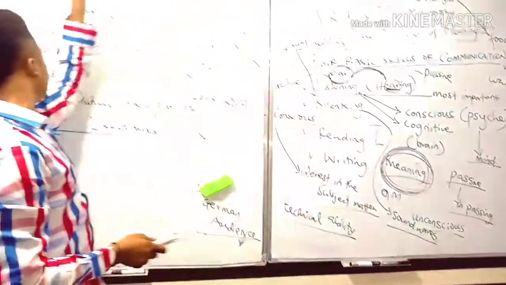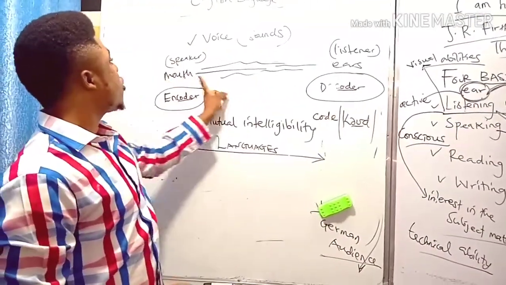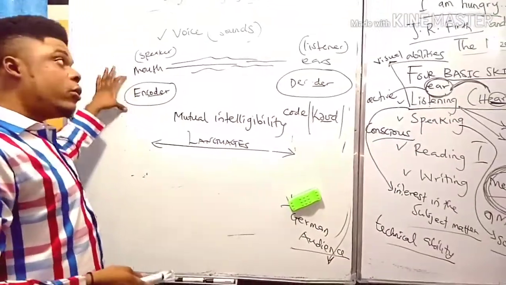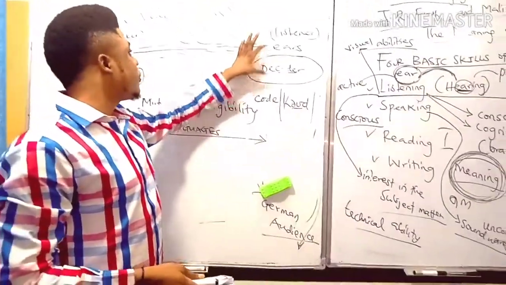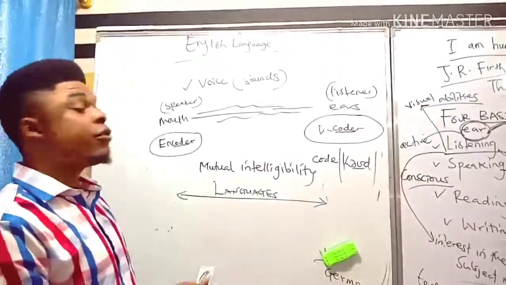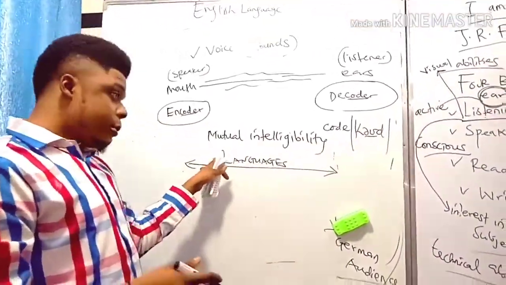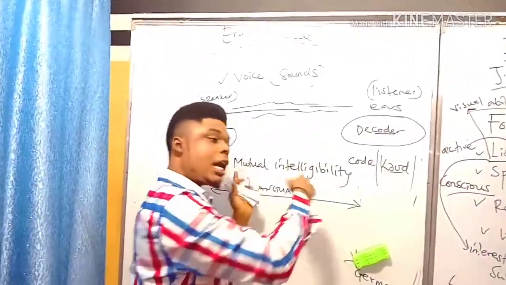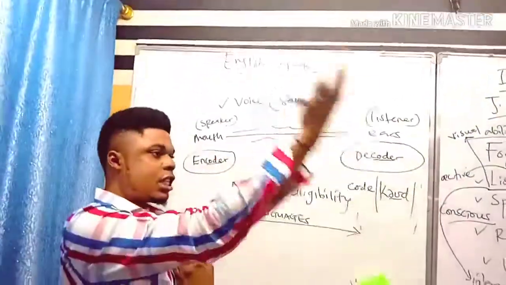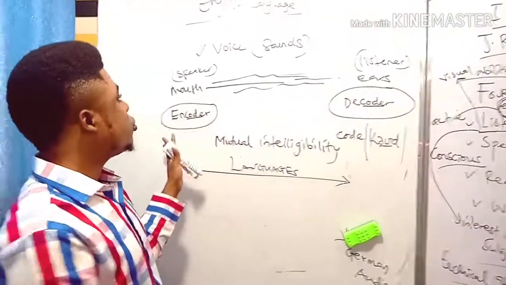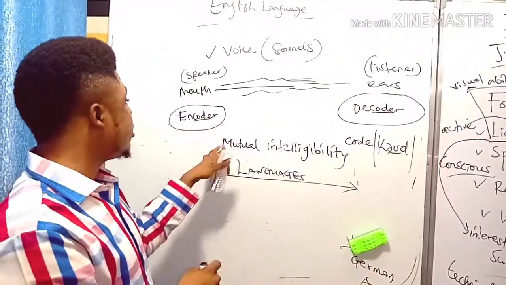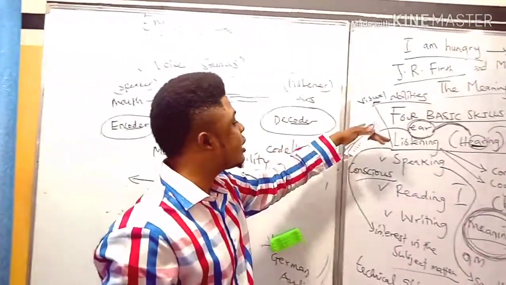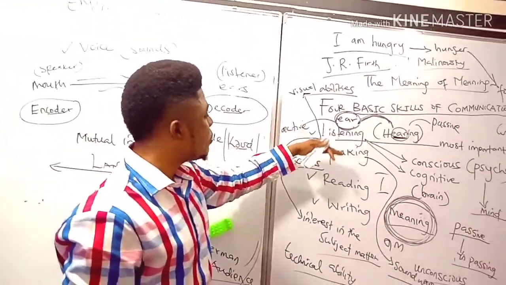Speaking involves the mouth, it involves sound waves, it must involve the speaker, or the encoder, and down to the decoder, which is also the listener. And we've also said that the languages that are going to be spoken must be mutually intelligible. That means I must understand you as a speaker, you must understand me as a listener. So for us to effectively communicate, there must be the concept of mutual intelligibility. So we're done with listening and we're done with speaking.